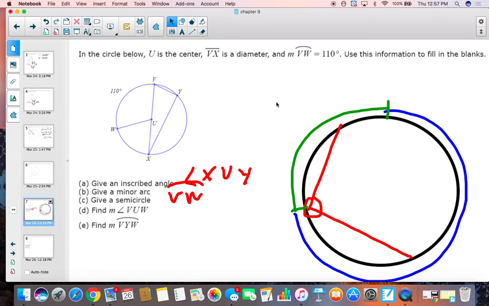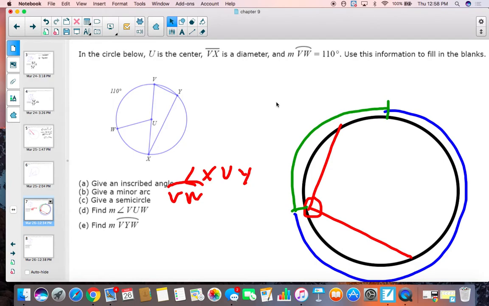Next, give a semicircle. Well, if a minor arc has to be less than 180 degrees, and a major arc has got to be greater than 180 degrees, a semicircle is an arc length that's exactly 180 degrees. Or we could think of it as an arc whose endpoints are the diameter.